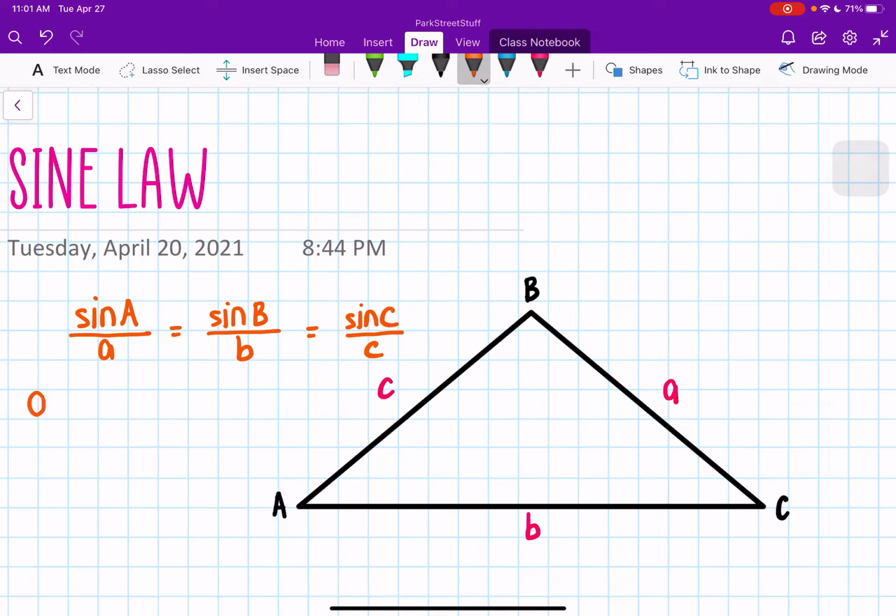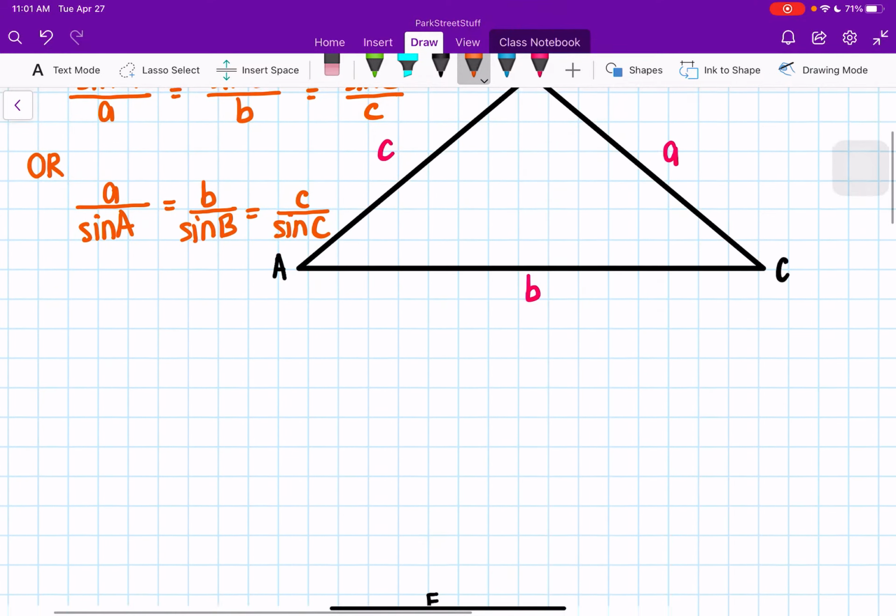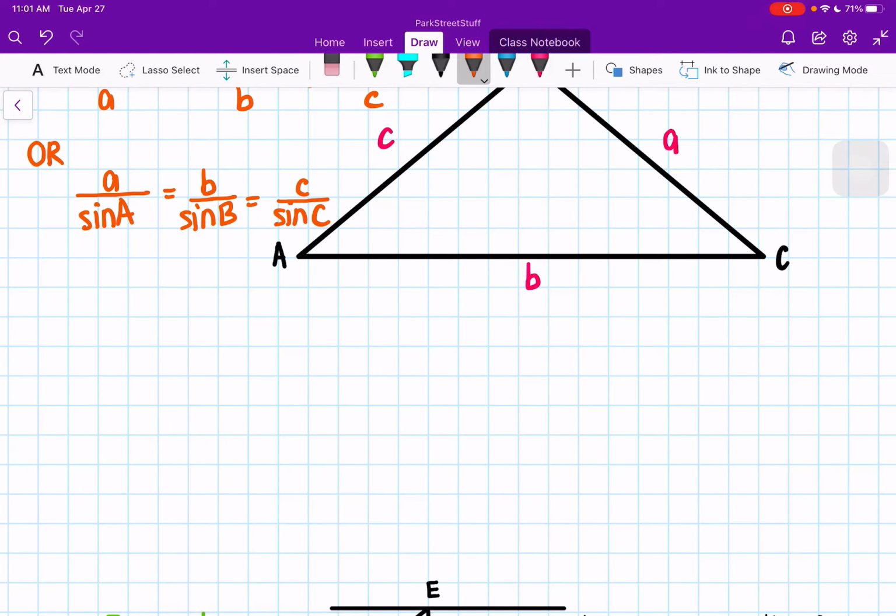Another way of writing that is if we just flip all of our fractions over, and that gives us a over sine A is equal to b over sine B is equal to c over sine C. So that's our sine law. So we're going to look now at how we apply that law.